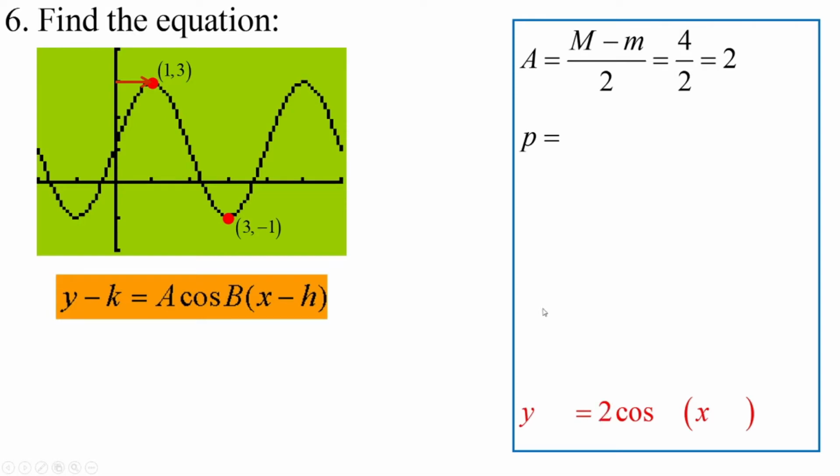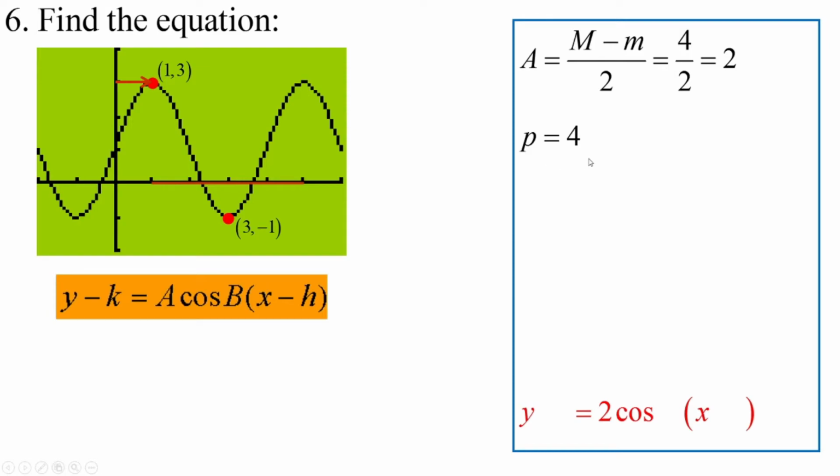All right. Now what's the period here? Well, what's going to be the easiest spot to see this period? How about I go max to max right there? And that is how far horizontally? 1, 2, 3. That's 4 units. So the period is 4.